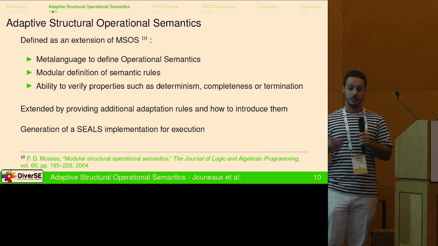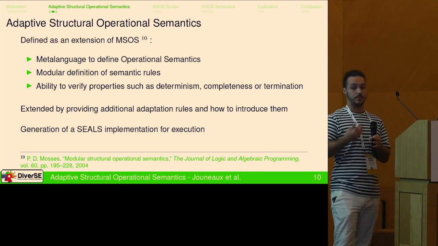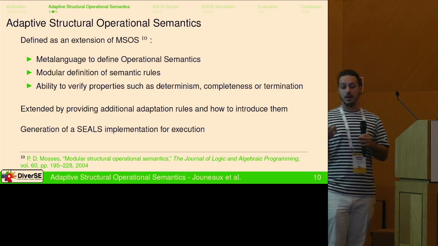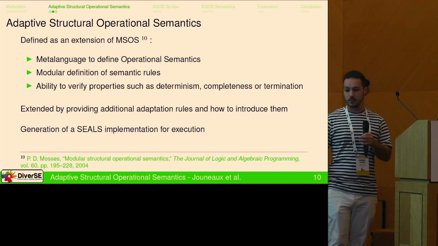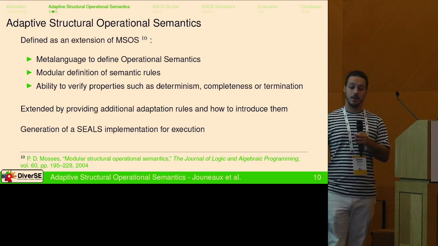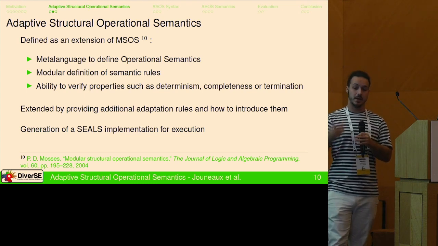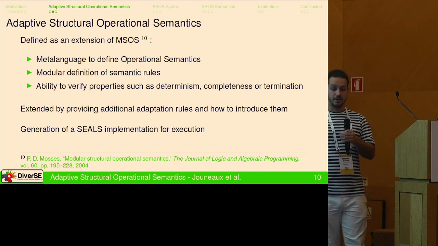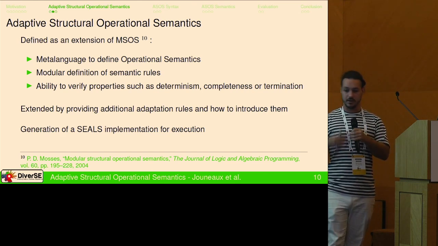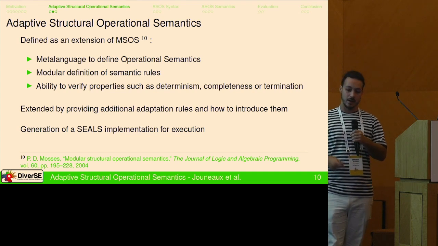We based it on MSOS because it's a meta-language to define operational semantics, which is the domain that we want to target, with a modular definition of semantic rules, which fits what we want to do with modular adaptation, and provides the ability to verify some properties such as determinism or completeness.